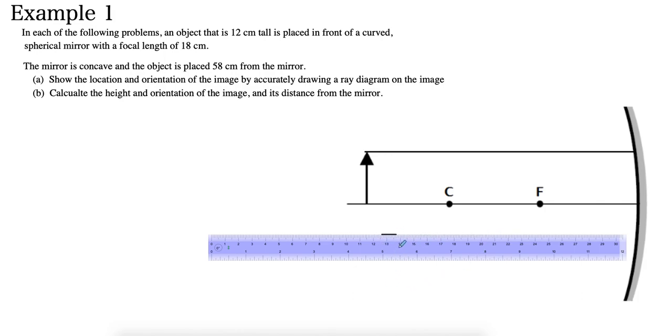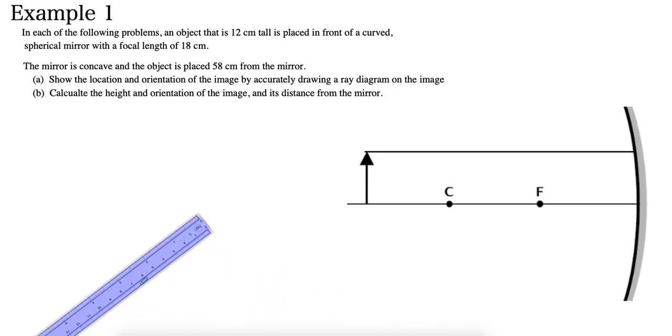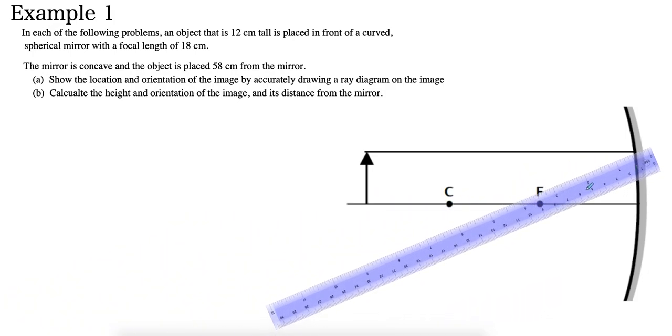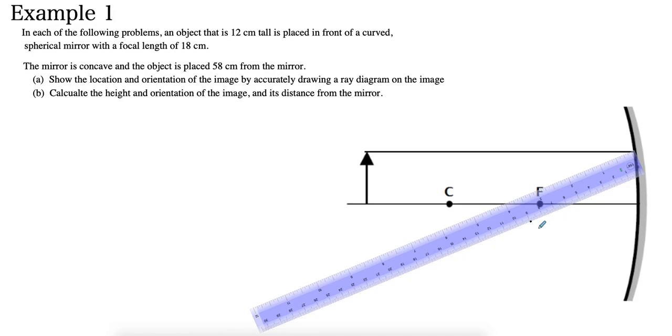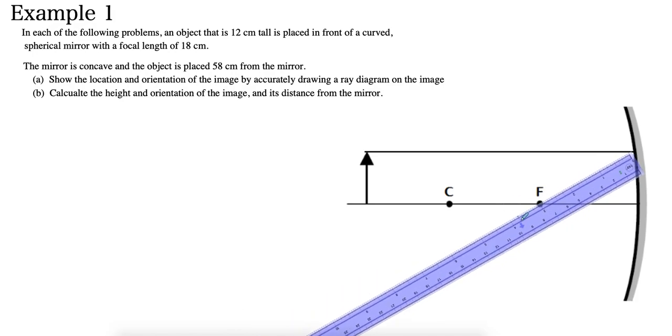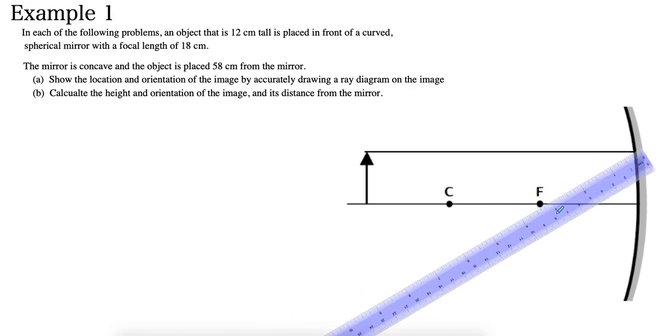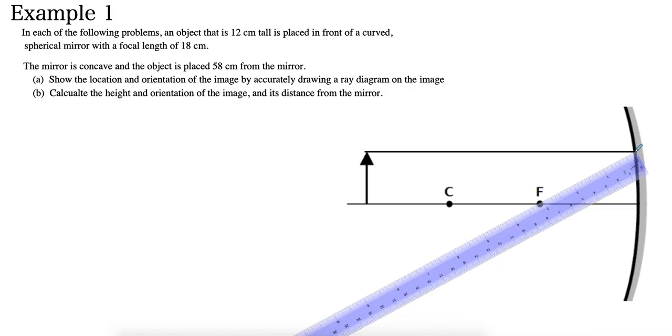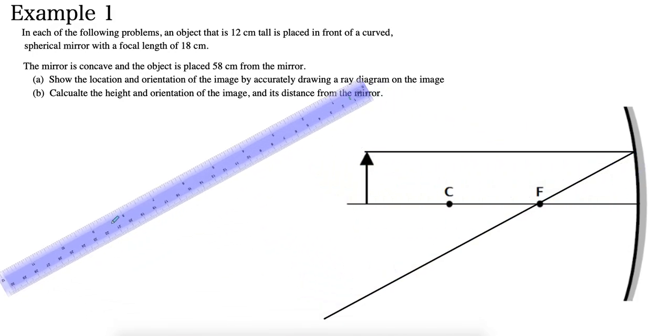If you recall, if it's parallel to the axis, it will go back through the focal point. Make sure you line your ruler up correctly. Neatness counts with these. So we have our incoming ray, and then we have our outgoing ray.